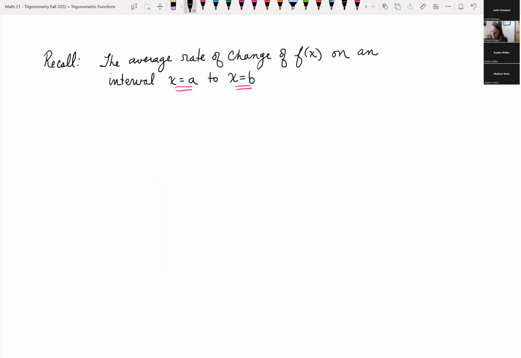So f of b minus f of a, all over the change in our x value, b minus a. So that's the average rate of change of f of x on the interval a to b.